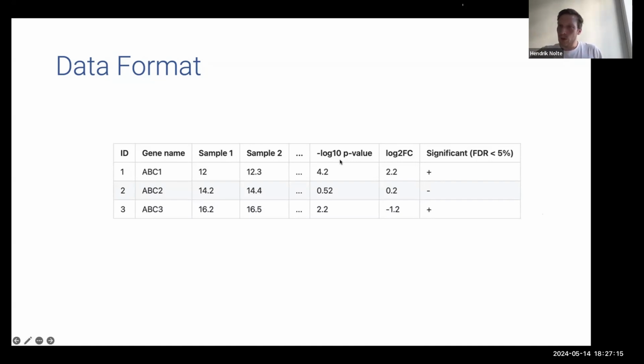And then we most of the times have something like a log2 fold change between two conditions that might be wild type, control, whatsoever. I will go into detail once we are talking about this tutorial data.